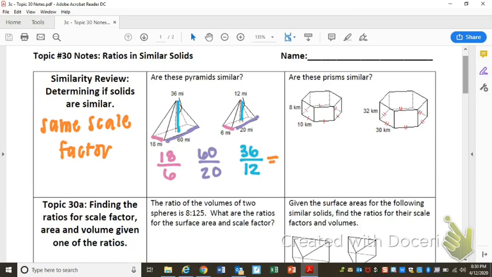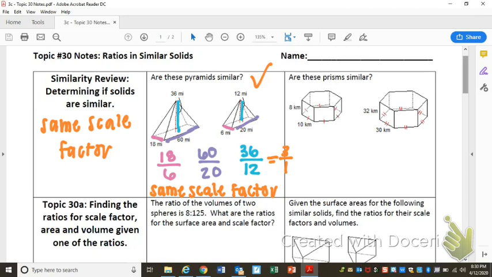And in fact, they do. They are all 3/1 or 3:1. So they have the same scale factor. And so yes, since they have the same scale factor, that means that these pyramids are similar.